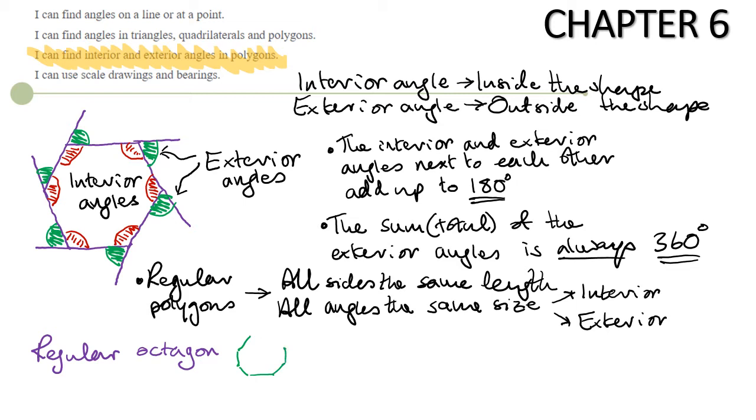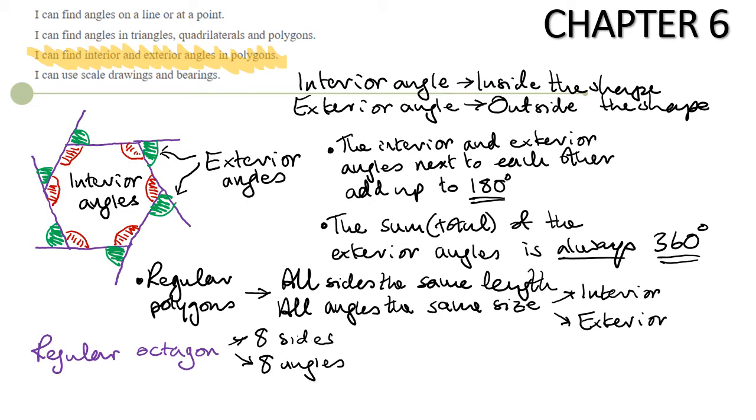Now pretend all of these sides are the same length. It's not very good. But imagine all of these sides are all the same length. In fact, let me rub that out. It's terrible. So in a regular octagon, we have 8 sides all the same, and we have 8 angles all the same.